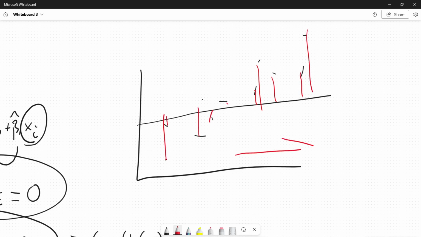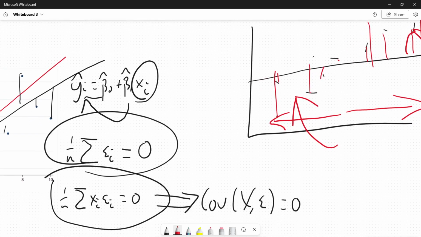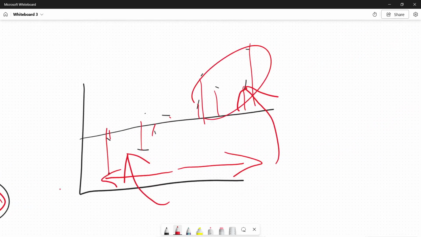So when x is larger, further on the right, I predict these positive error terms, but when x is smaller, further on the left, I predict these negative error terms. X is actually correlated with the error terms. If you tell me what x is, I can predict whether the error term is going to be positive or negative, even if they're all 0 on average, because some of them were positive and some of them were negative.